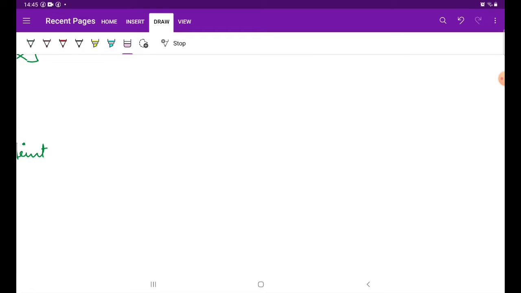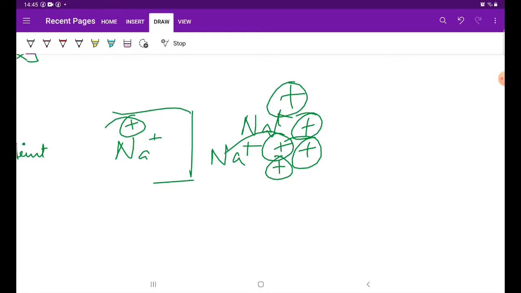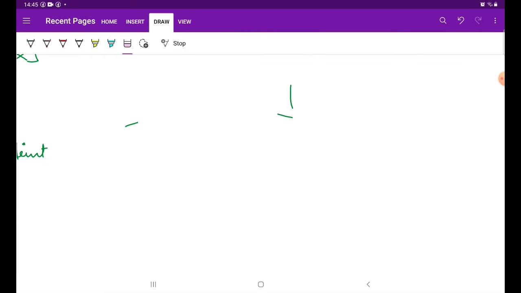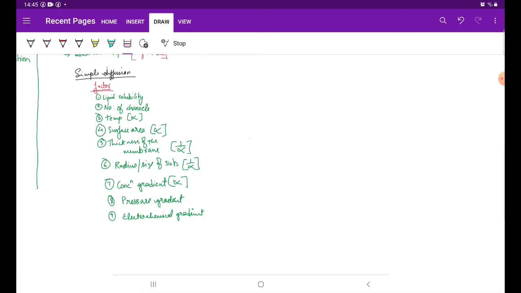Just think about in that particular case, as the sodium concentration is higher, it acts as a cation, so it's positive in charge, and as sodium concentration is less inside, the cation charge is comparatively less. So as the positive charge is higher outside, it will help it move inside by simple diffusion. Okay, so these were the factors which can affect simple diffusion.